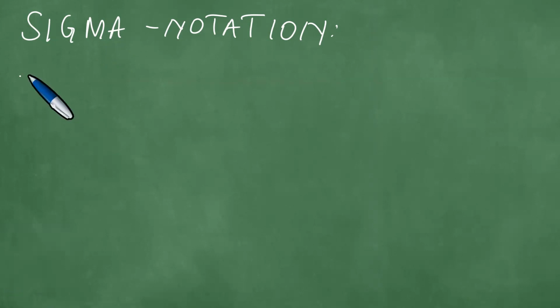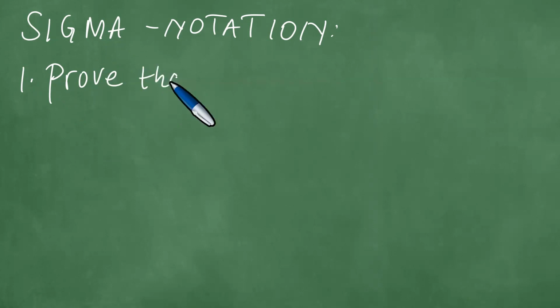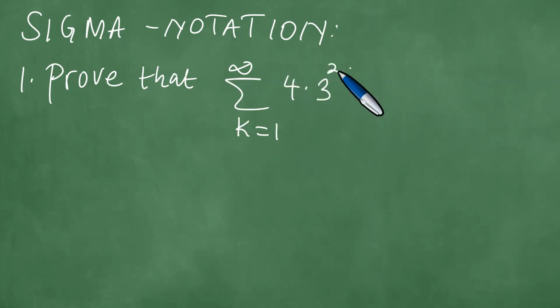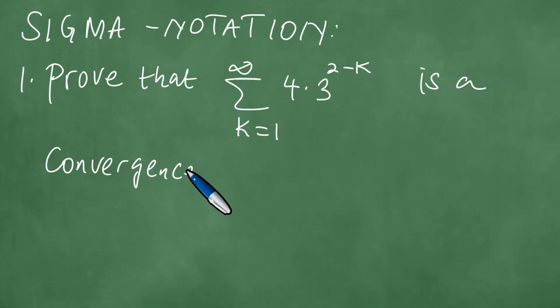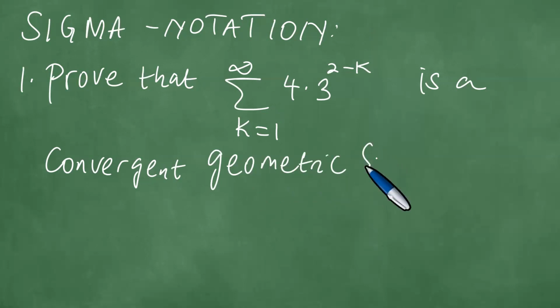Here comes a question. Prove that the summation, the infinite series from k equals 1 to infinity of 4 times 3 to the 2 minus k, is a convergent geometric series.